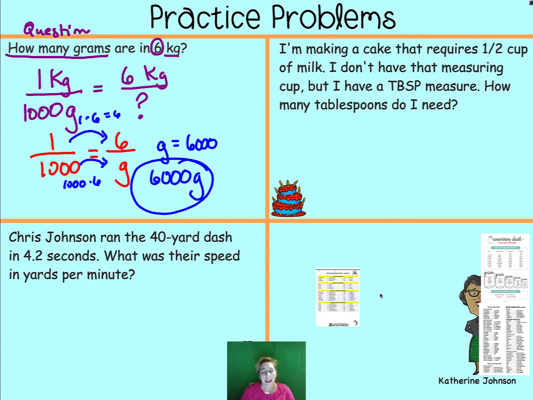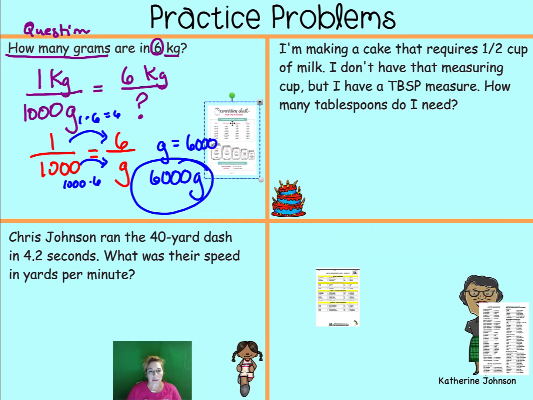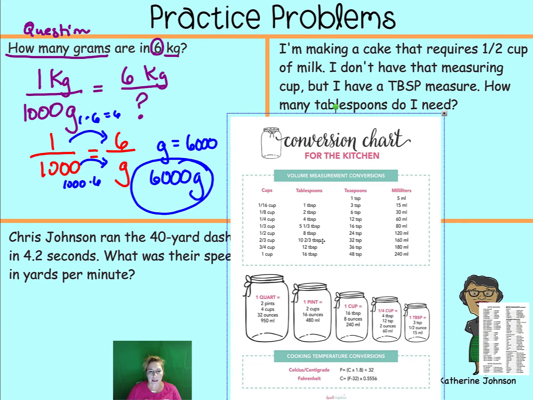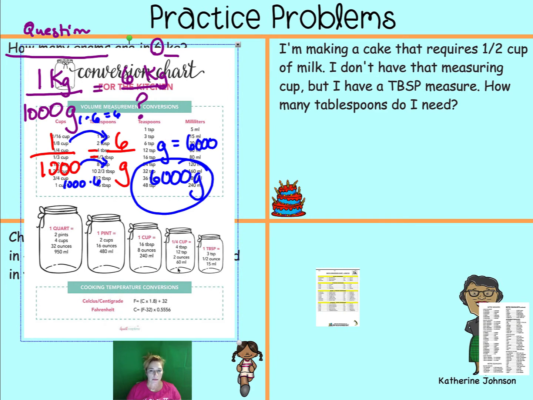So I figure out what the equivalency is there. I'm going to use my kitchen one this time. This one says that 1/16 of a cup is equal to 1 tablespoon. And I'm going to need that one because I only have a tablespoon.